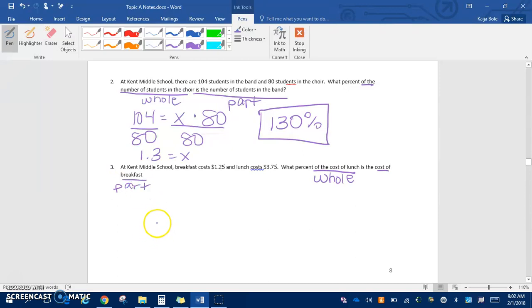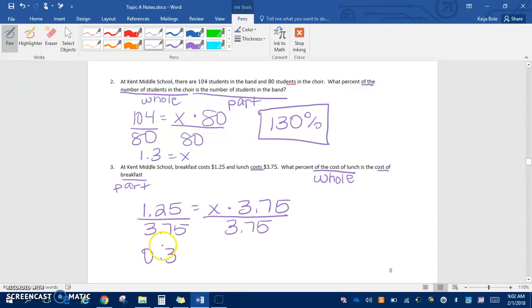So if we set up our equation, we need 1.25 equals, we don't know the percent, so x times 3.75. And when you divide by 3.75 on both sides, you get that 0.3 repeating equals x. So when you go to write that percent, when you move it twice, you would still get 33, and then it'd be 0.3 repeating percent.